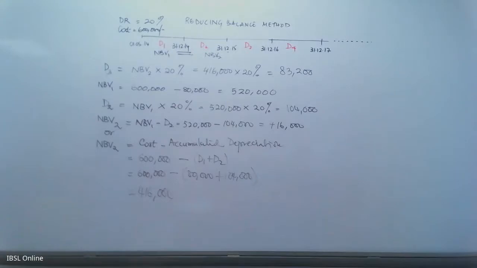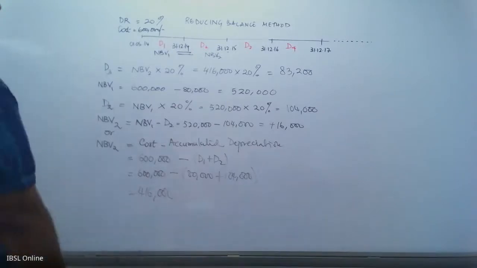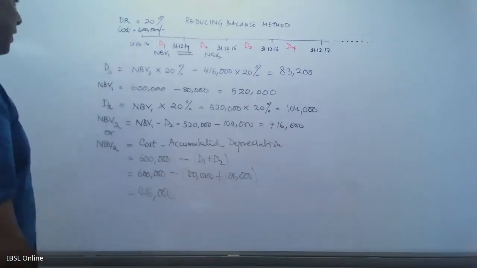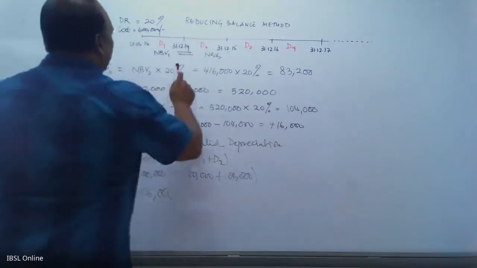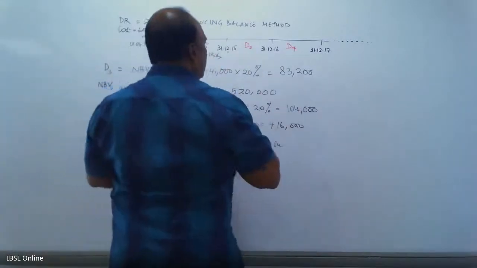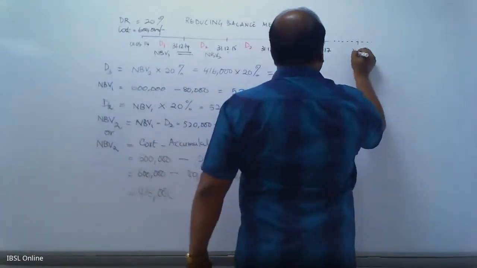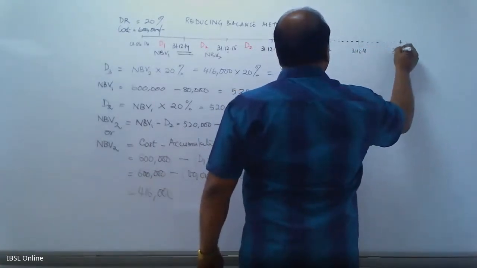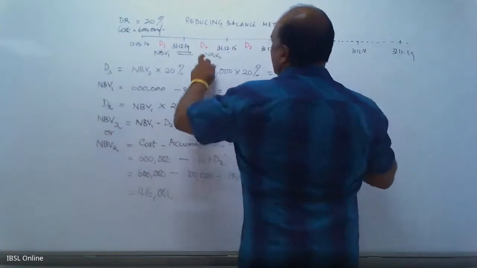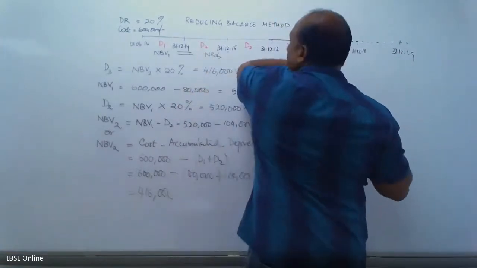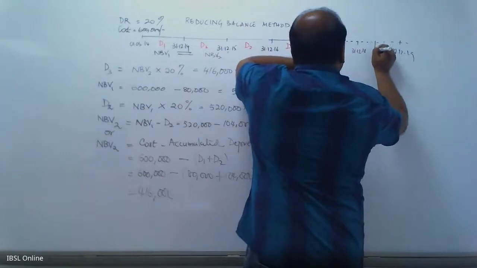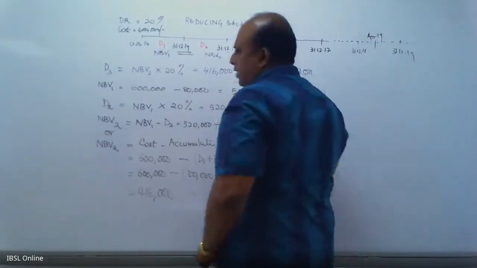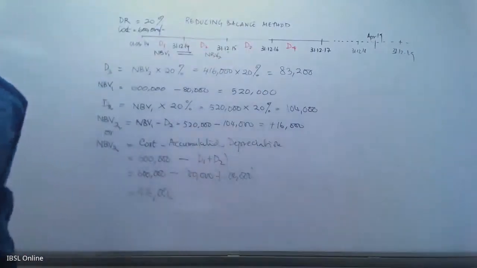Now this is somewhat interesting because if you look at this example, it starts in May 14. Then 1, 2, 3. Then you come to 31/12/2018. Then 31/12/19. So 1, 2, 3, 4. By April 2019, your asset life is over.